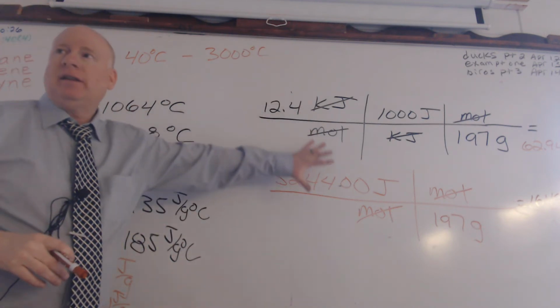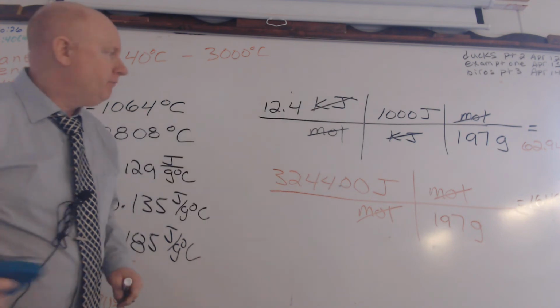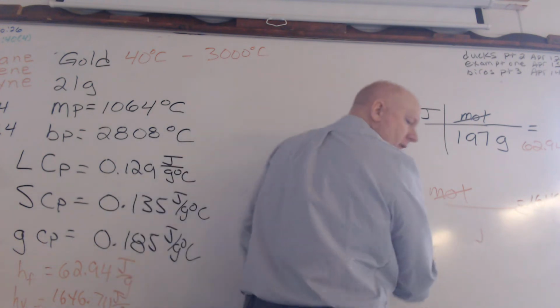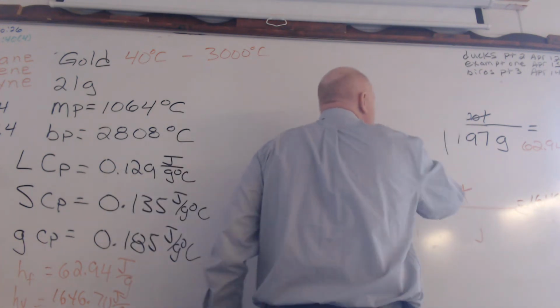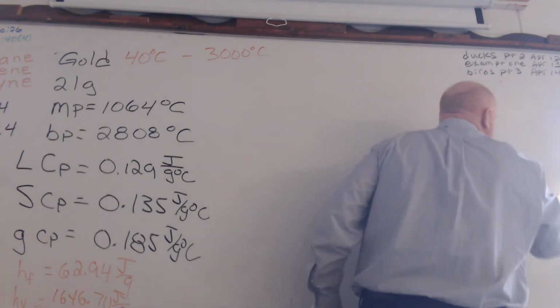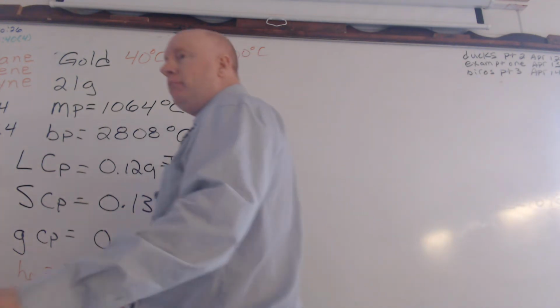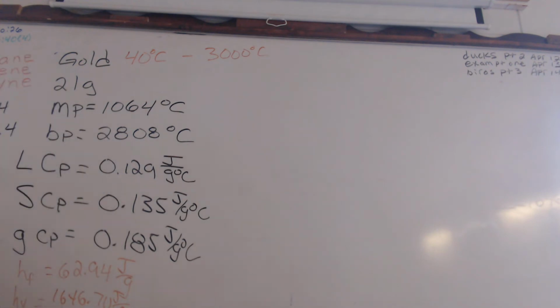Can we erase this? Okay? So this is where your graph, that page 436, will help you. Now we have all the given information that we need, and a problem would say something like this. How much heat energy is required to change 21 grams of gold from 40 degrees centigrade to 3,000 degrees centigrade?